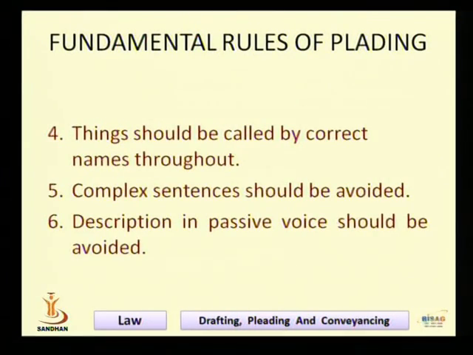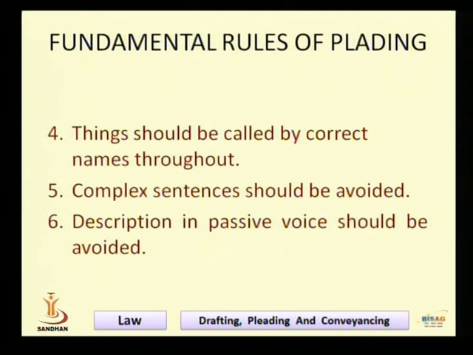The next point is things should be called by correct names throughout. For example, as I have discussed the case of life insurance policy, it is the case of Life Insurance Corporation.